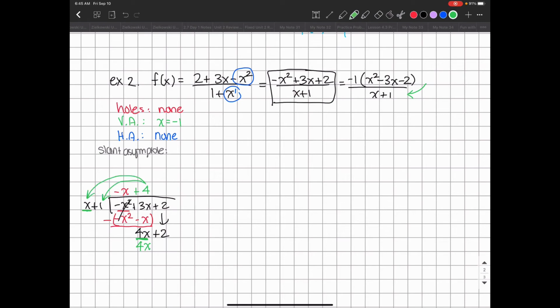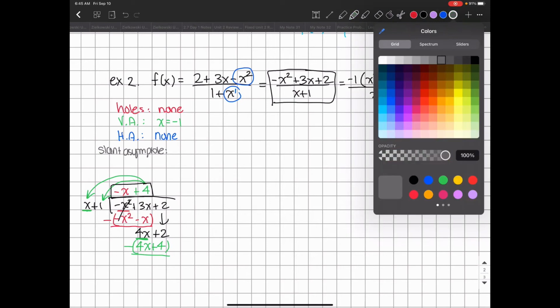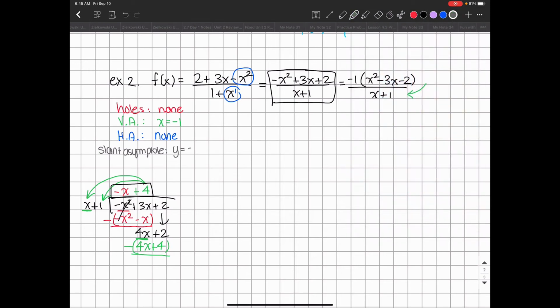So 4 times x gives me 4x. 4 times 1 gives me 4. I am subtracting this from that. I don't really need to do anything else because I don't care about my remainder. I can just stop there and say this is my line. y equals -x plus 4. So my slant asymptote, the line, is y equals -x plus 4.